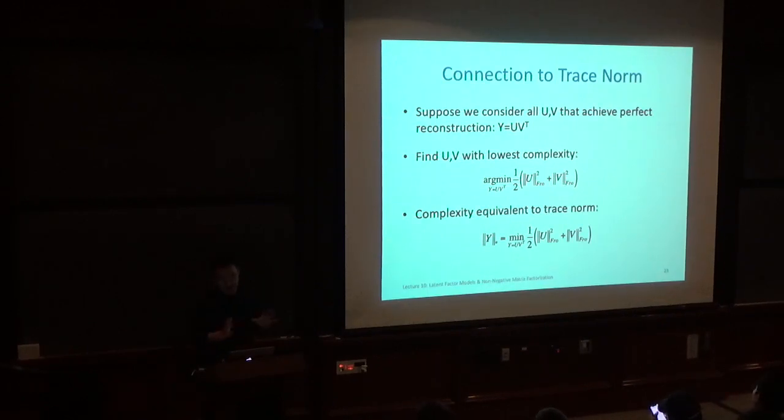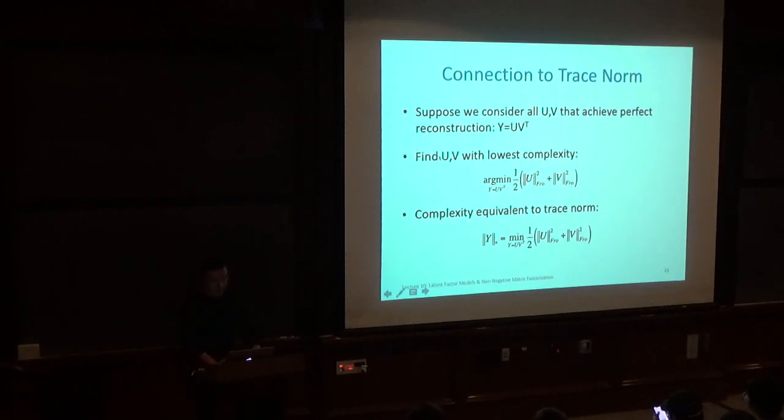So I want to just highlight a connection to the trace norm. Suppose that we're looking over all U and V that achieve perfect reconstruction. So in other words, we're only looking at U and V such that Y equals U V transposed.